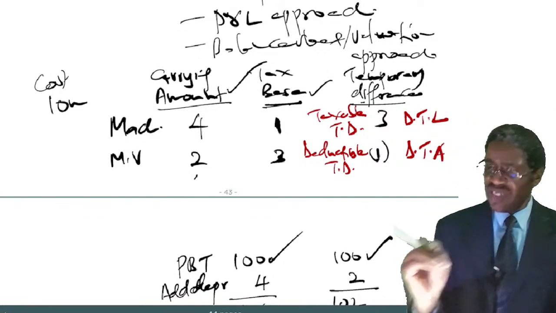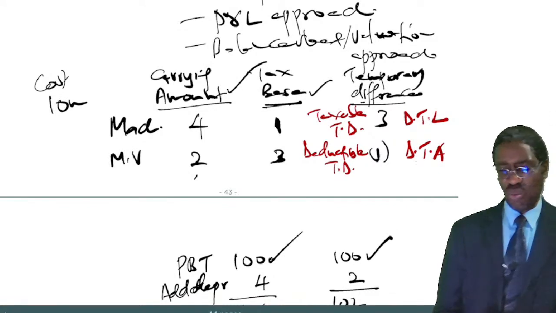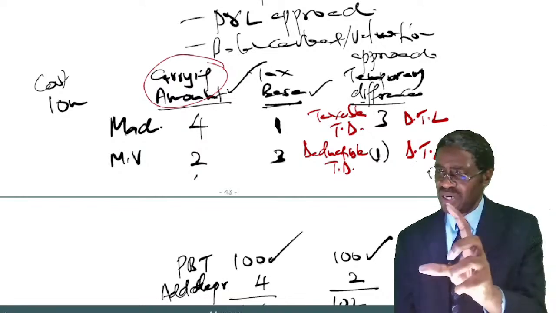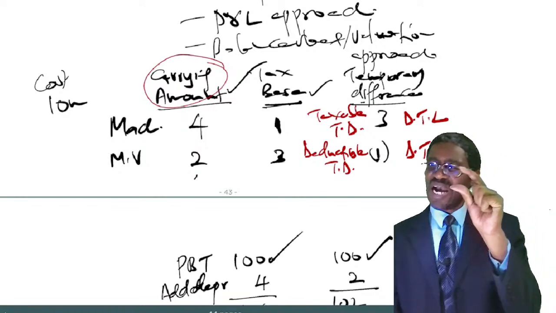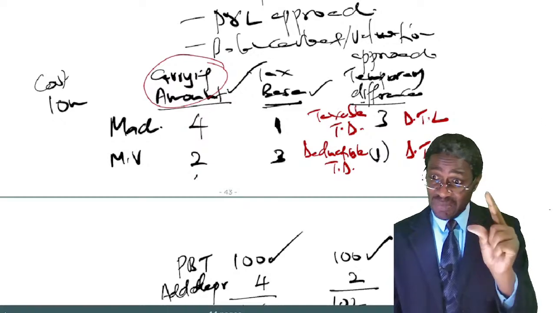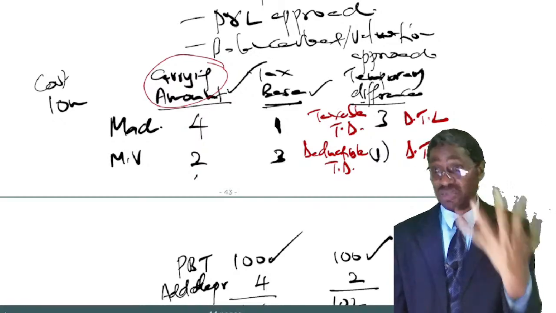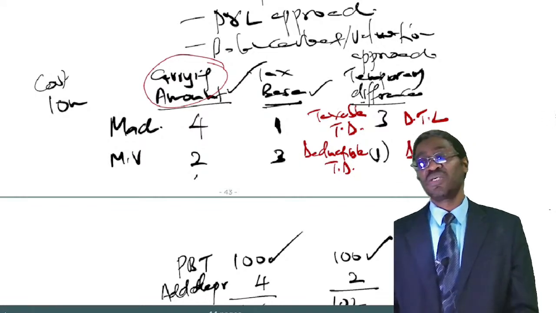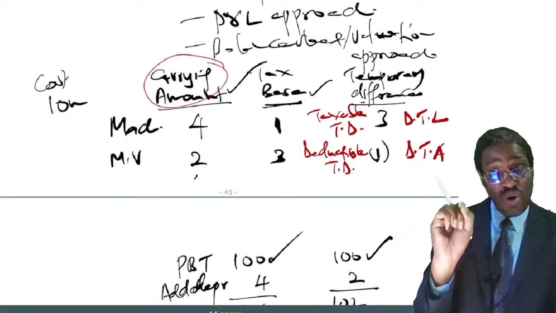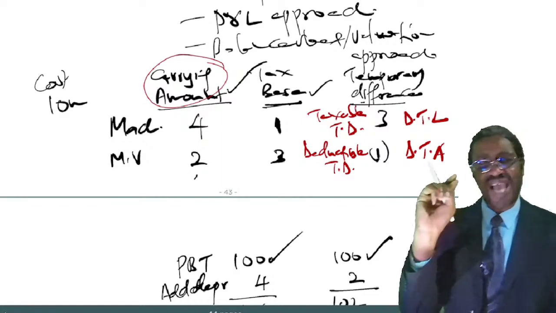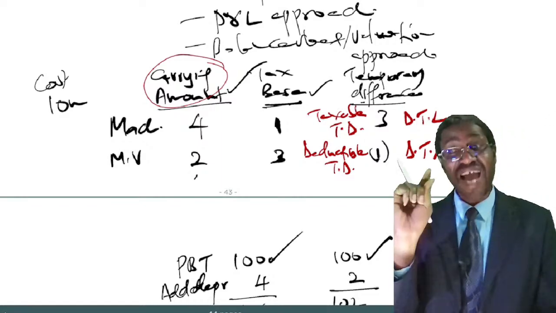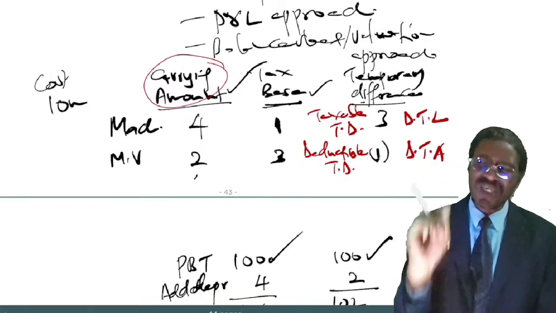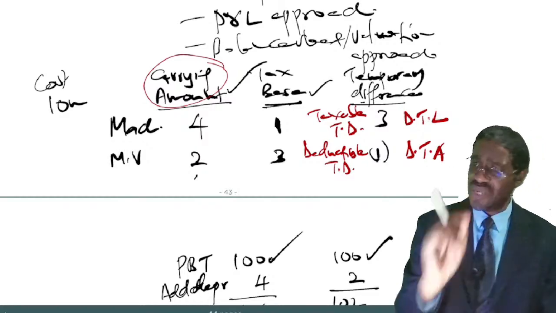We have defined these terms. What's a carrying amount? The carrying amount of an asset or liability is the amount at which the asset or liability appears in the books.